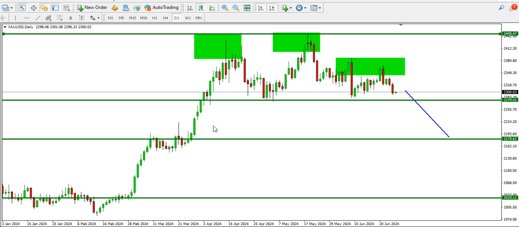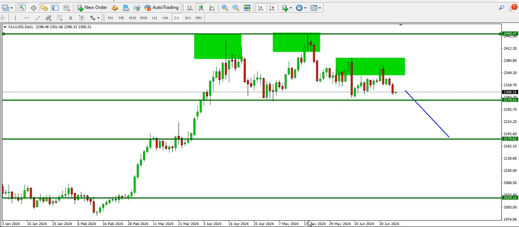So not much to be discussed as regards the daily time frame, but we have a range and we have a head and shoulders price pattern suggesting that price most likely will drop.